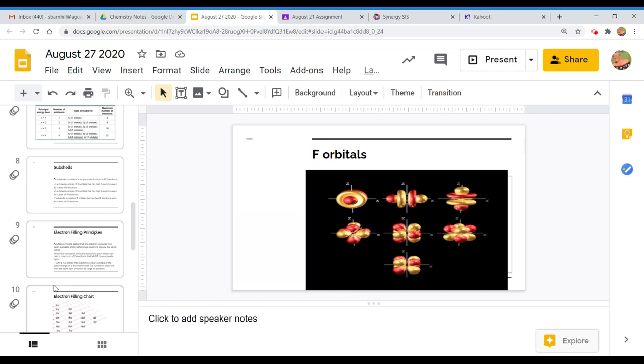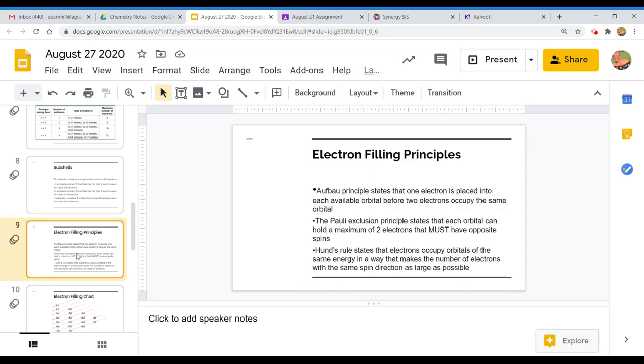arranged around the atom. Now, we have special rules that we have to go by when we're talking about placing electrons around the nucleus of an atom. So when we're drawing out or writing out the electron configurations for an atom, we've got 3 rules that we have to go by.